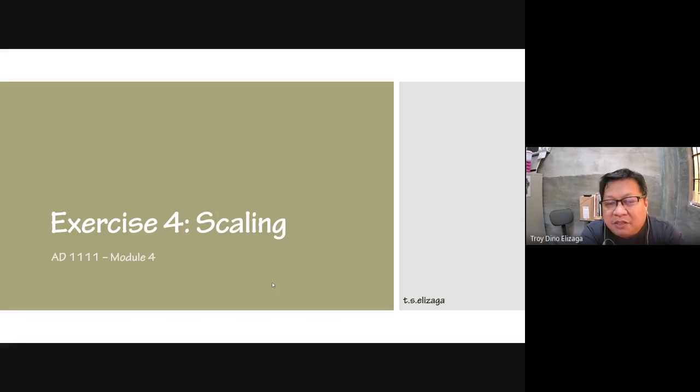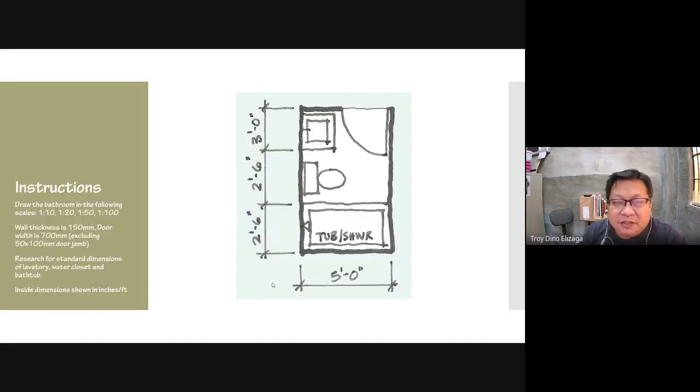But in principle, our next session is supposed to be scaling, but using AutoCAD. Your exercise will simply be to draw this toilet in different scales. 1 is to 10, 1 is to 20, 1 is to 50, and 1 is to 100. So there are details. Therefore, you have to take note that the bigger the drawing, the more details shown.